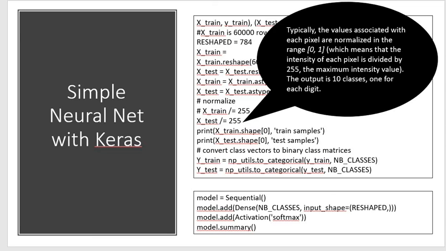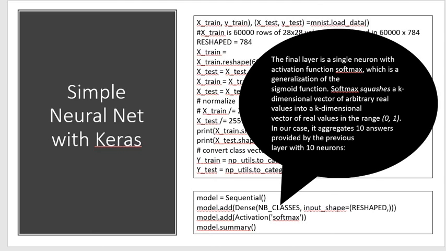Then we are using the sequential model and model.add, where we add the dense layers, and then we are reshaping it. The activation function which we are using is the softmax function, and then we check the model summary.